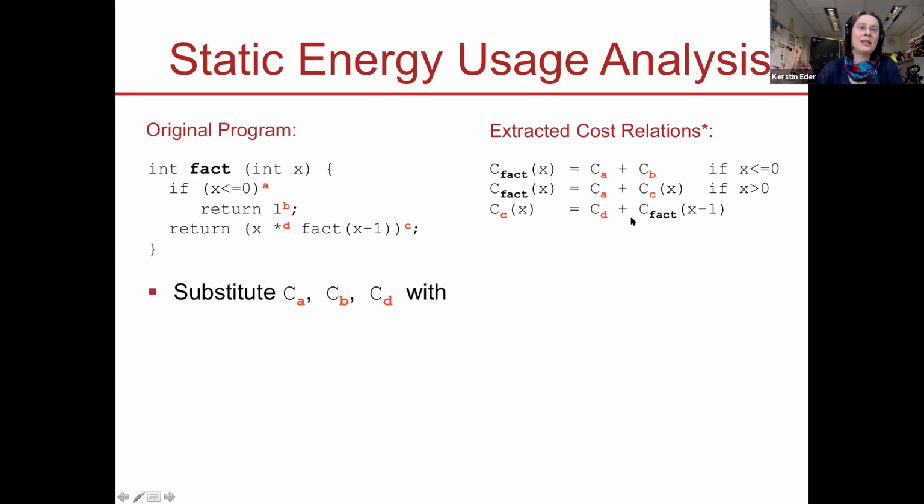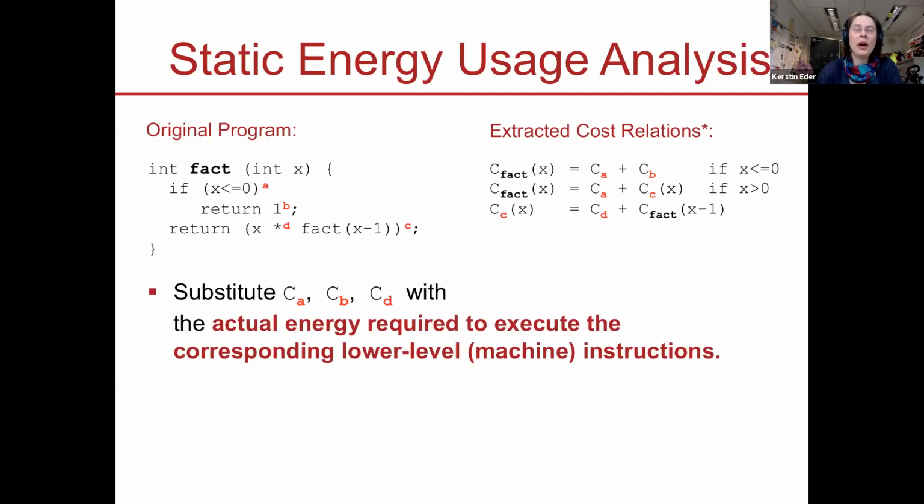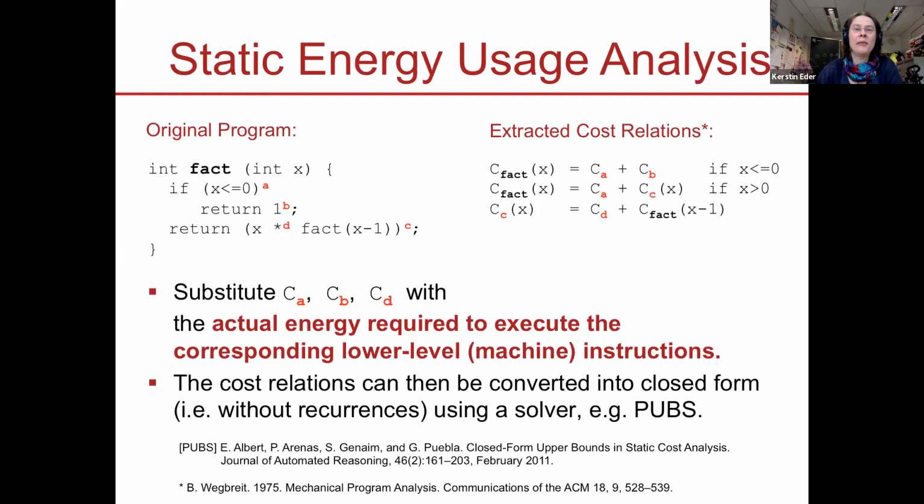And so I just said yesterday that we just need to know how much these cost. That's the comparison, the first return, and then the multiplication. And if we know how much these cost, then we can just simply put these cost relations to a solver, such as PUBS, and the solver will give us energy consumption functions, which are in closed form, so no recurrences in there.